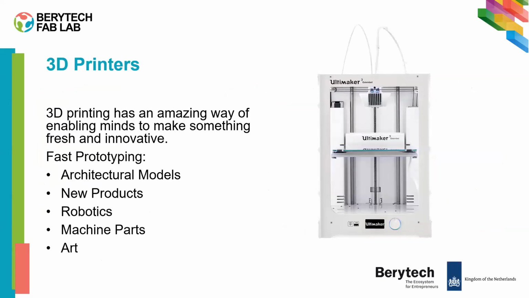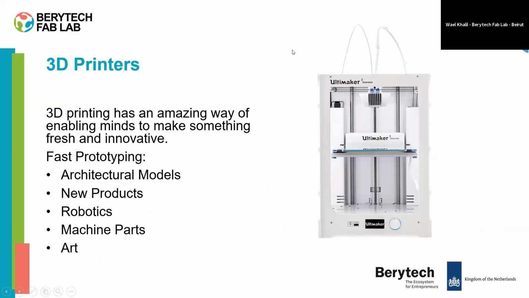So the digital fabrication tools we have are 3D printers, and by that we mean a printer that can print any product you can imagine. So this is 3D printed. It's plastic. You can print any shape you can imagine, both easy and very complicated shapes.